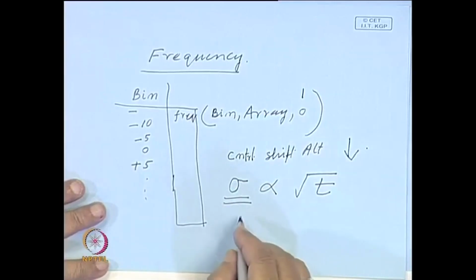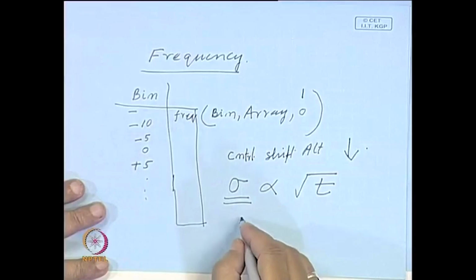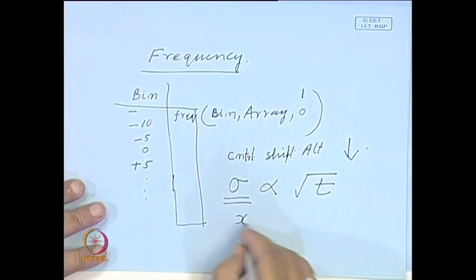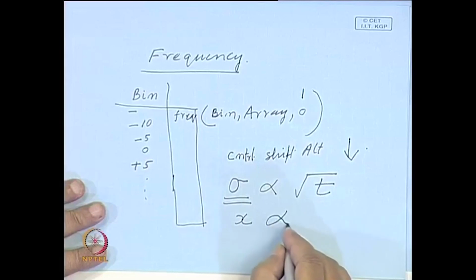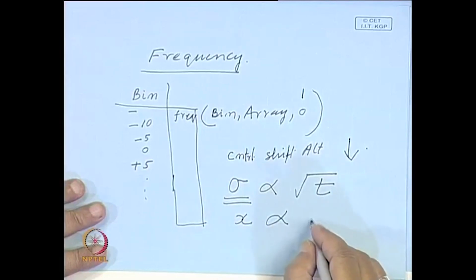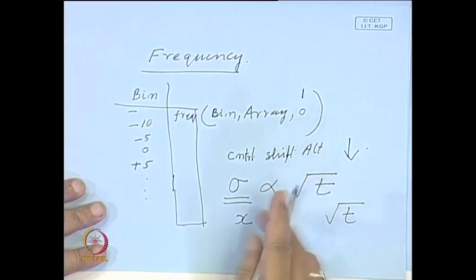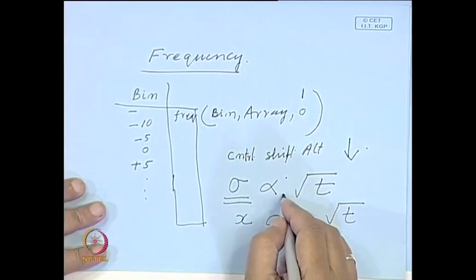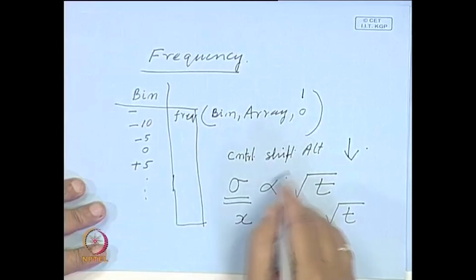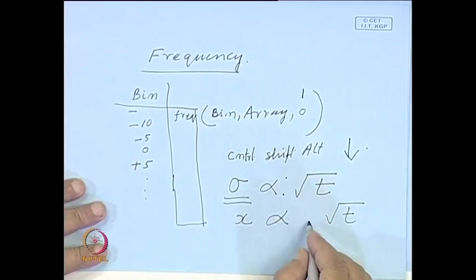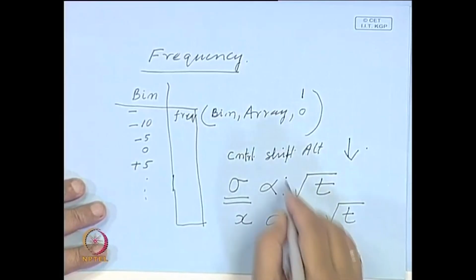And we also have seen that the diffusion distance is also proportional to root t. Here is also a concentration, here is also a proportionality constant, here also there is a proportionality constant.